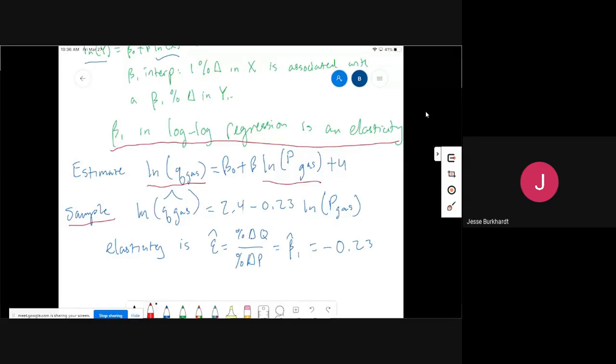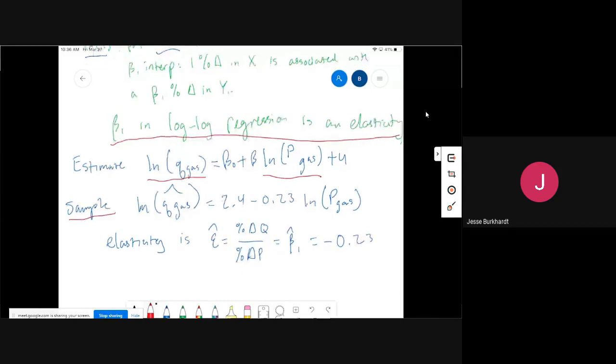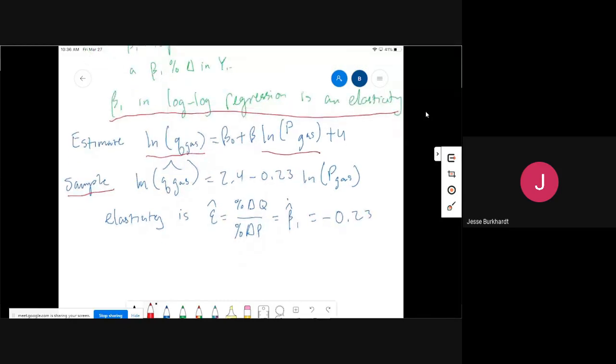The nice thing here again is that the beta hat 1 estimate is a direct estimate of an elasticity. So the elasticity in this case, percent change in Q over percent change in P, is just negative 0.23. So a 1% change in price causes a 0.23% change in the quantity of gas consumed.